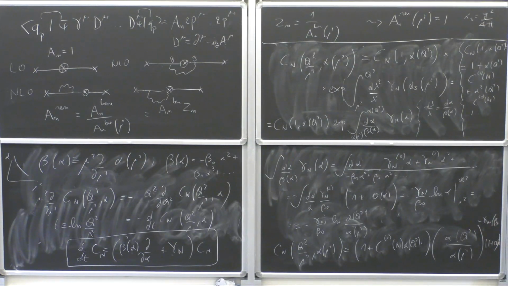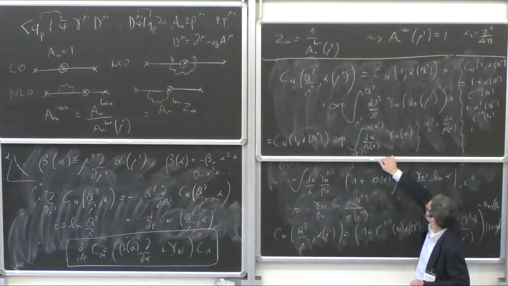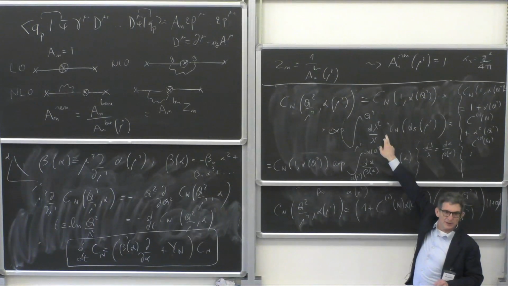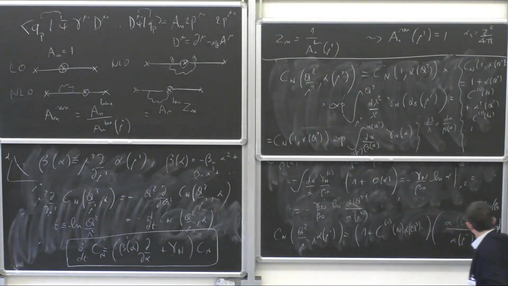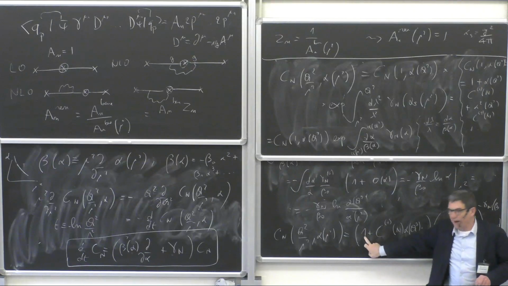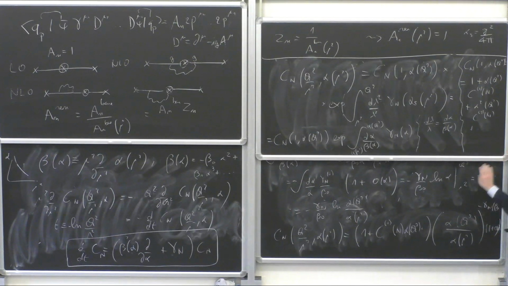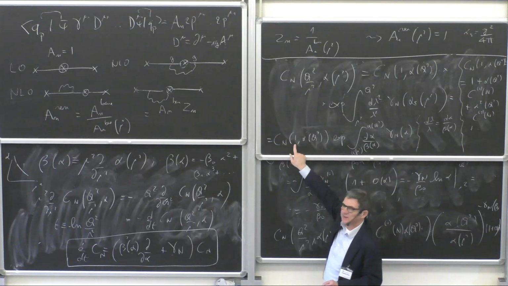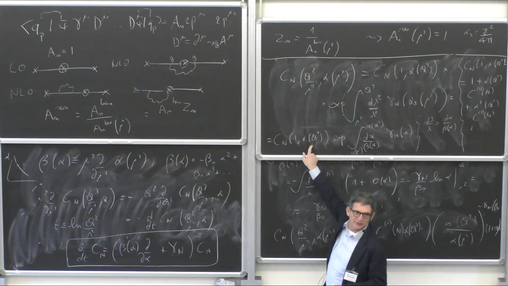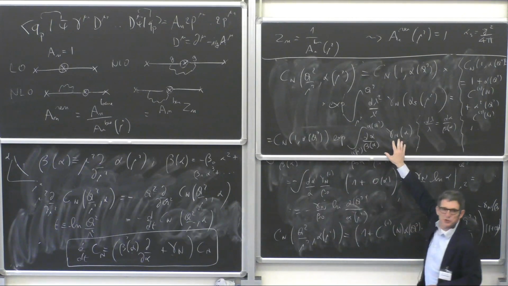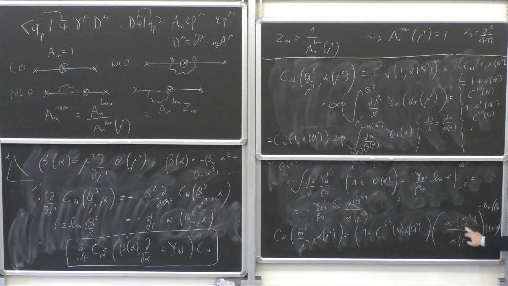So what I'm discovering is that this scale dependence, the scale dependence that comes from this exponential, actually starts at order 1. Look at the way the perturbative expansion is organized. I have a coefficient that starts with 1 and then has an order alpha correction. And then I have this evolution factor, the ratio of alphas to some power, and then 1 plus order alpha.